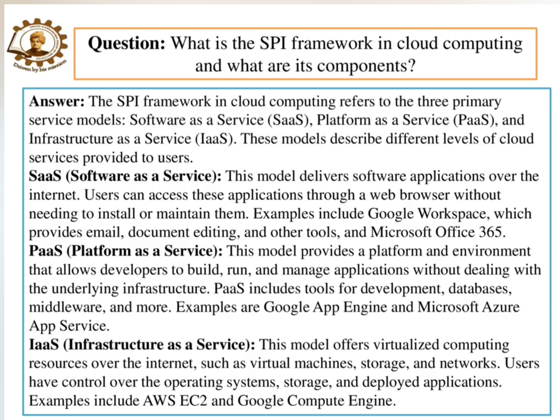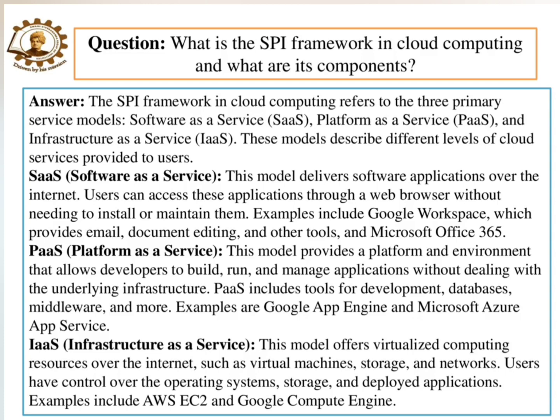And the third one is infrastructure as a service. A cloud platform or provider hosts servers, storage, network components, and other key parts of IT infrastructure. Then it delivers those resources to users over the internet.